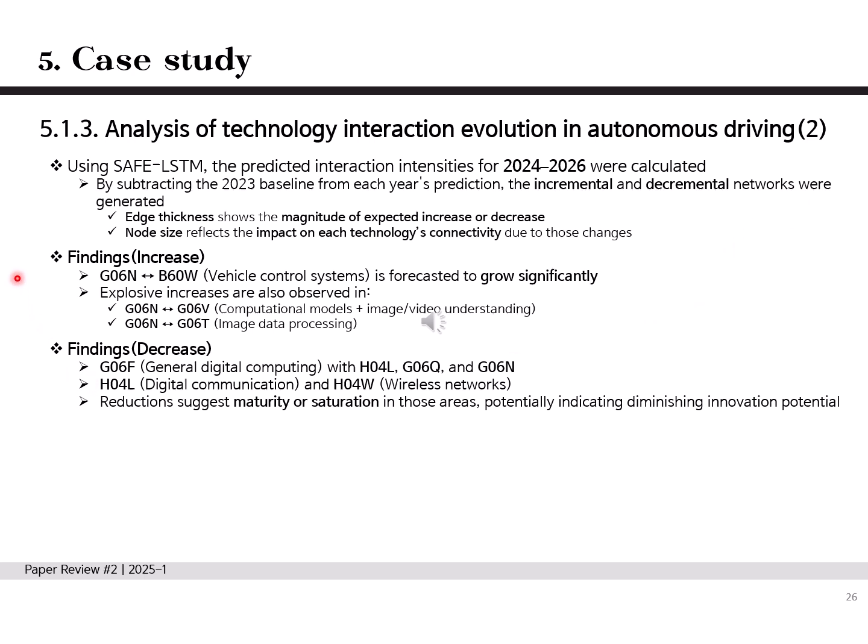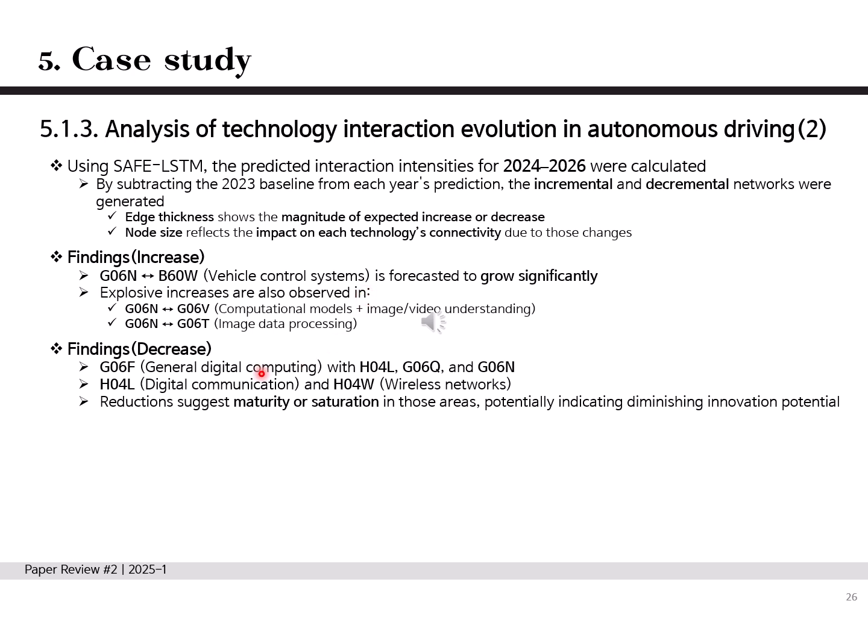As for the findings, G06 and B60W, which is vehicle control systems, is forecasted to grow significantly. And an explosive increase was also observed for image data processing and computational models.